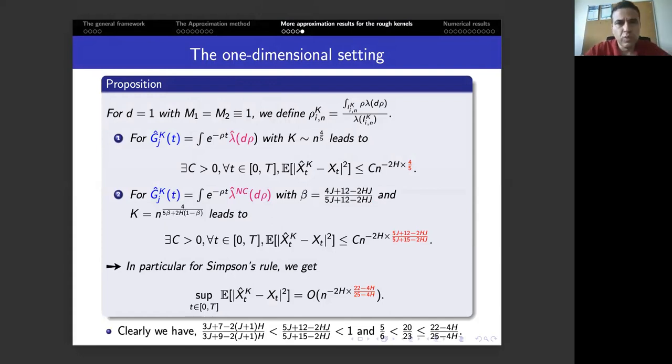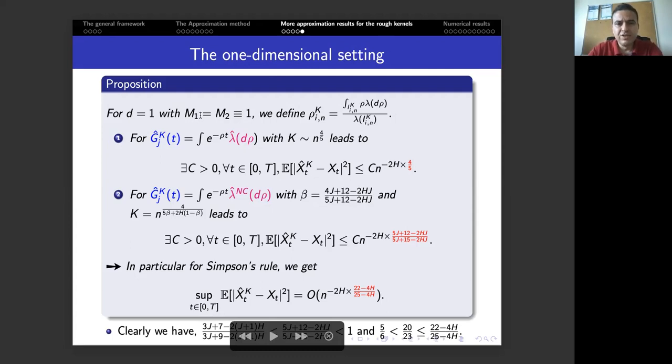What I'm going to present from now on can be considered as a user guide for practitioners, because it gives some hints and some tricks to improve the effective numerical approximation on a machine. So now let us focus on the specific one-dimensional setting. Here in this case, we consider dimension d equal to 1.